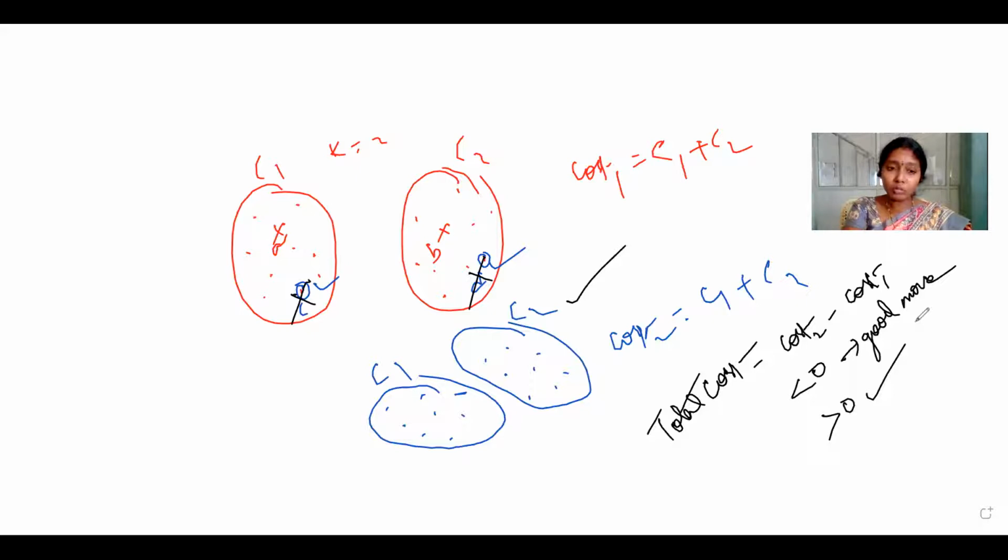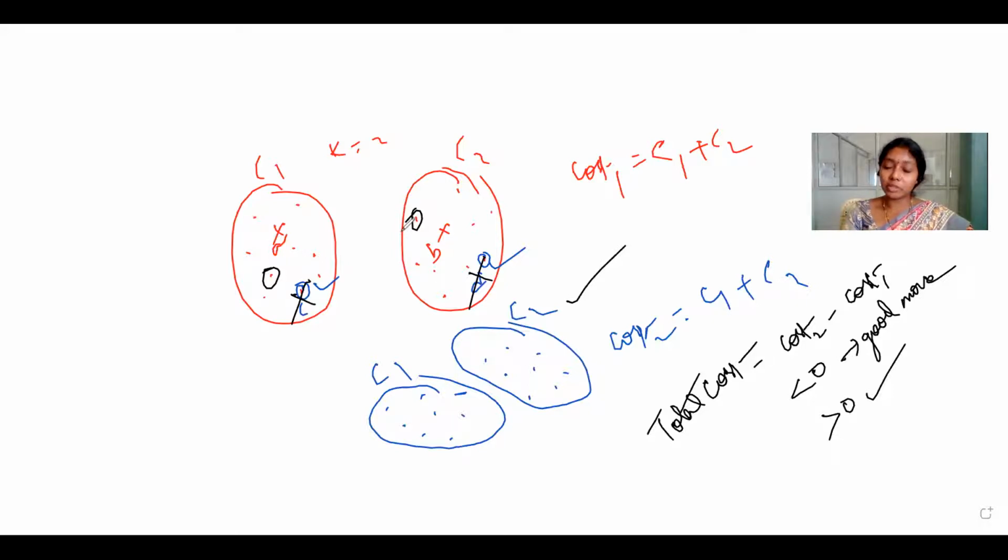Then what to do? We need to again select another representative other than A and B, because those are the initial representatives, right? So here we need to backtrack, and instead of C and D, we need to select another representative for a particular cluster.